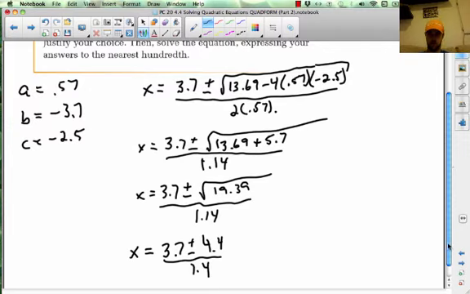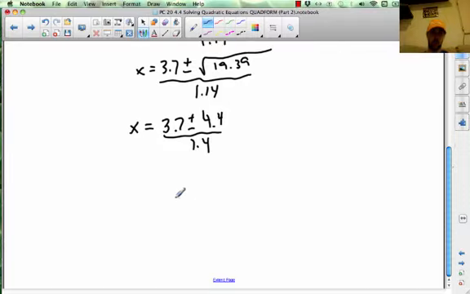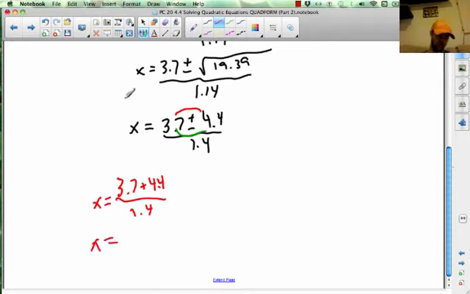And we're not quite done yet. So again, we've got two paths here. 3.7 plus 4.4 and 3.7 minus 4.4. So 3.7 plus 4.4 divided by 1.4 is one of our values, equals 5.79.